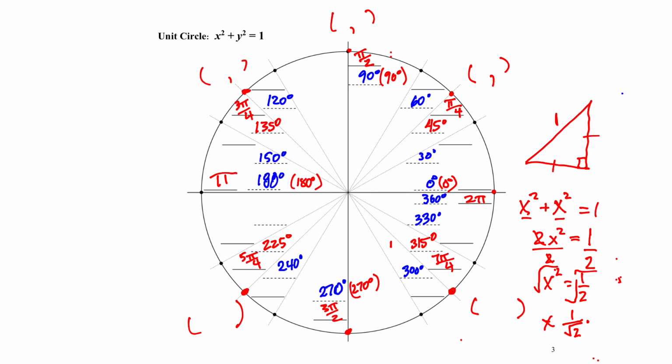And so to get rid of it, we rationalize it, right? We multiply the top and the bottom by the square root of 2. And so x is equal to the square root of 2 over root 2 times root 2, which just gives me 2. This becomes the x and the y coordinate value.